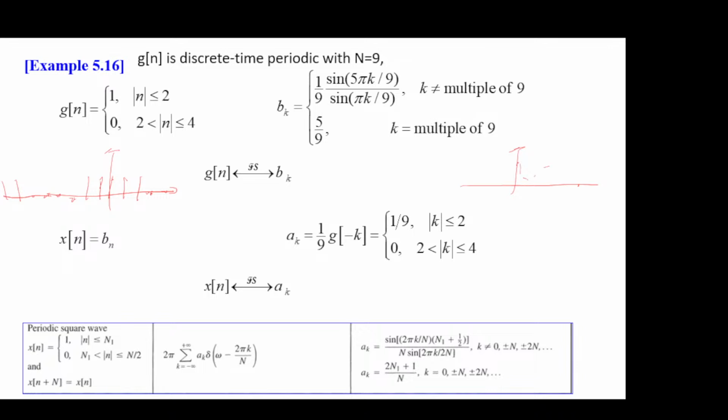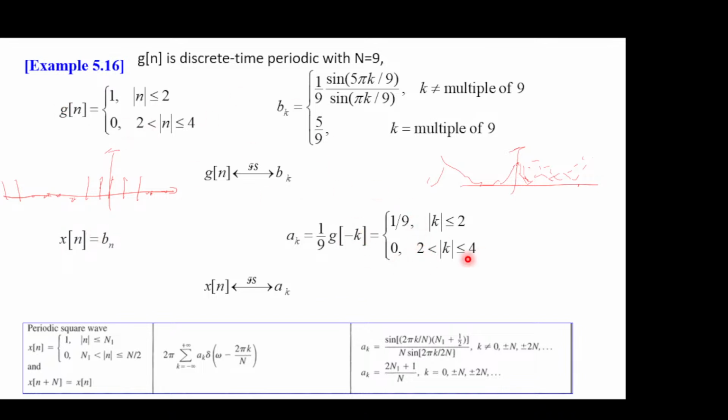So maybe something like this. It's kind of like this thing. And it's also discrete. And just like the continuous case, now if you put this sine over sine into the time domain, then you will get a similar square wave function in the frequency domain.